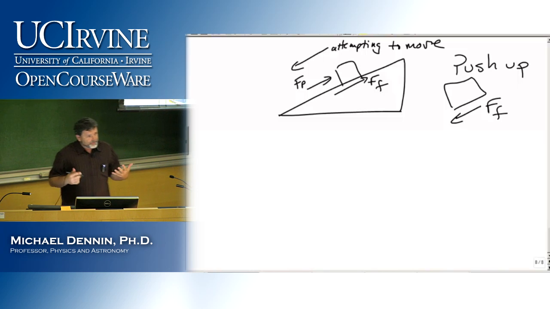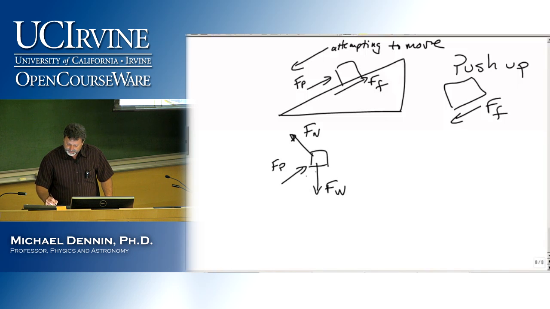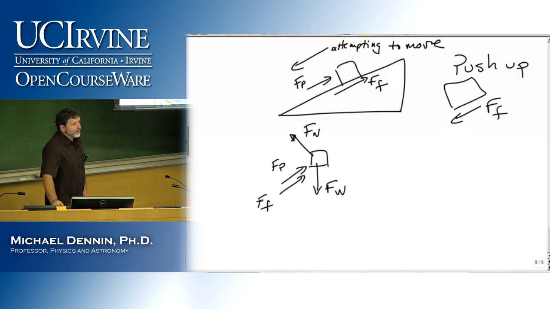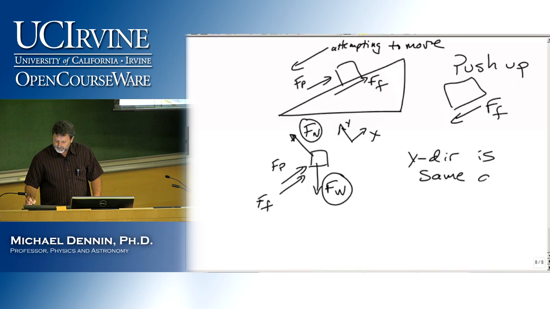So the way this works, if I look at my free body diagram, for the first case, I have that. Friction and pushing going up the ramp. Notice normal doesn't change, weight doesn't change. If I pick my x and y, the y direction is the same as before.